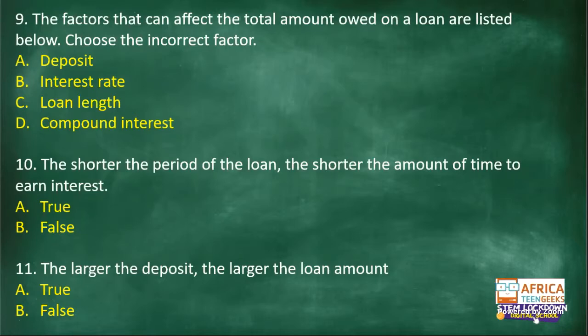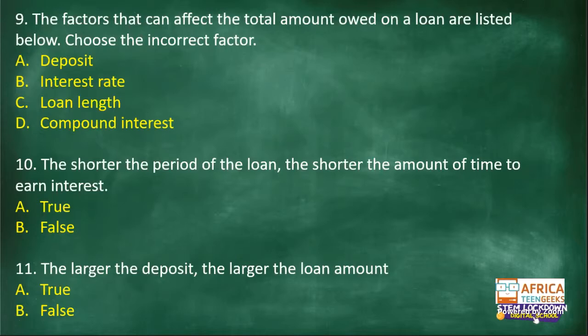So if I charge the same interest on 50 rands, but the other one has given me 30%, obviously the one with a smaller deposit will have to pay more as far as the amount is concerned.